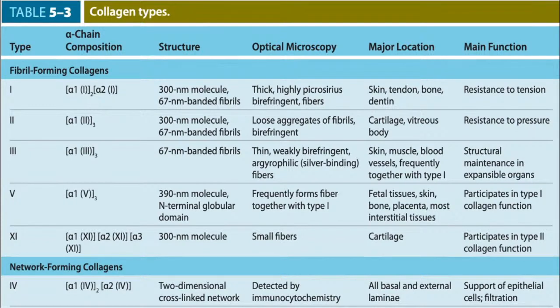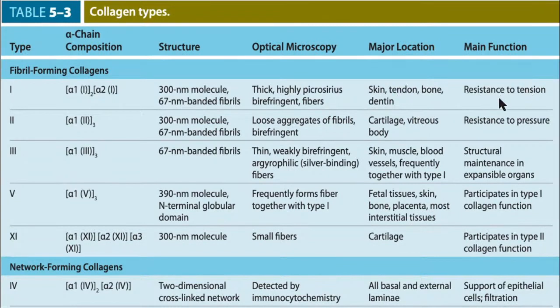First of all, collagen type 1: diameter of the molecule 300 nanometers, 67 nanometer banded fibrils, thick and highly birefringent, picrosirius identified. We also see it in the skin, tendon, bone, and dentin.